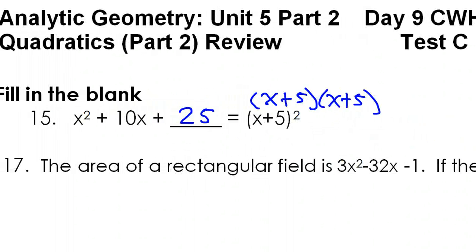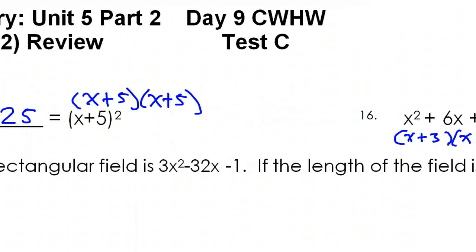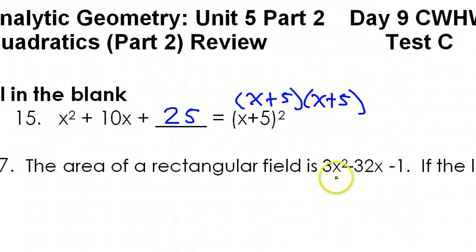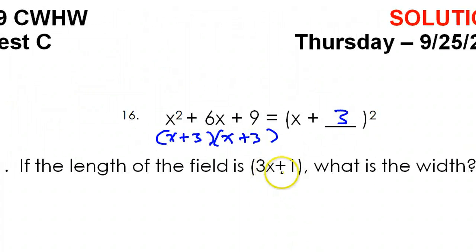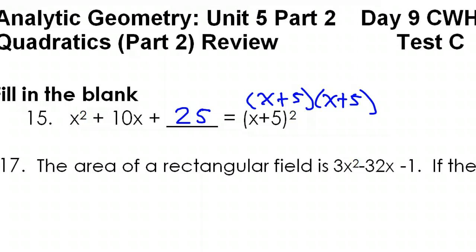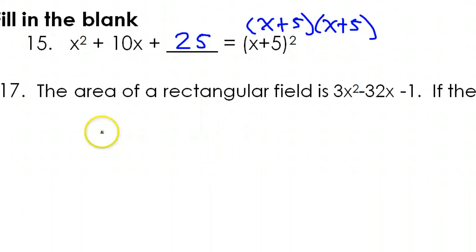All right, number 17. The area of a rectangular field is this expression. All right, this is the area. If the length is this, what is the width? Well, what do you know about the area of a rectangle?